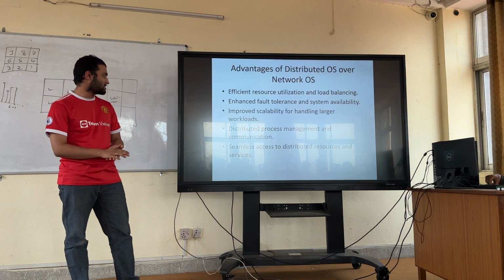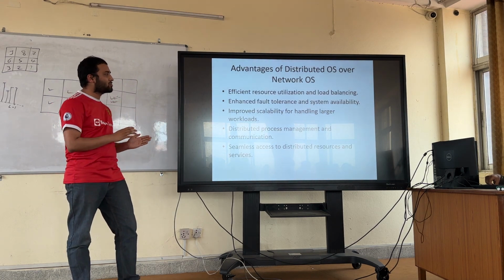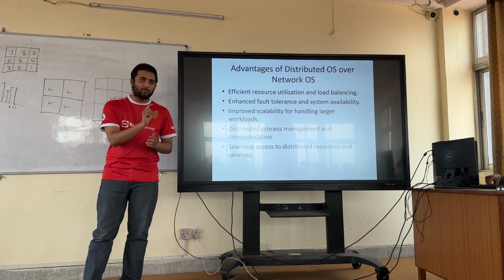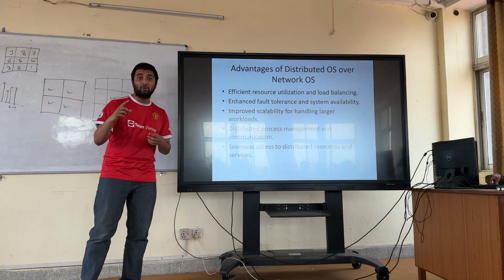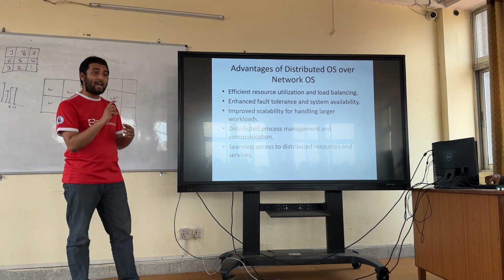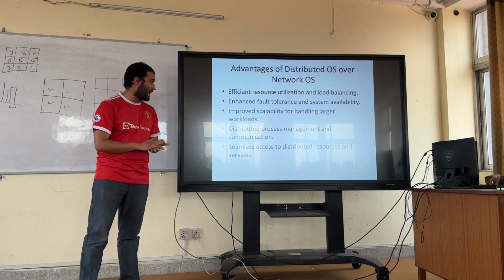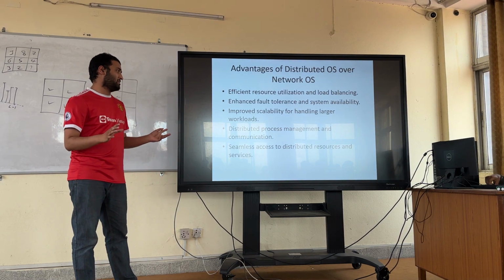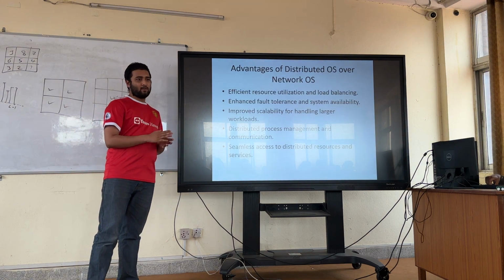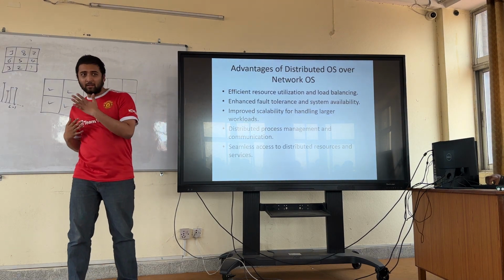As we can already guess, there is better resource utilization and balance: as per the availability of resources and the ability of a particular system, the resources are allocated. Scalability is improved compared to a network OS.